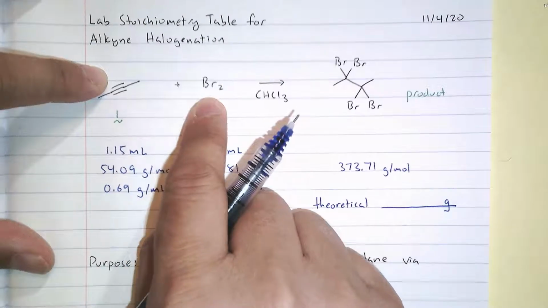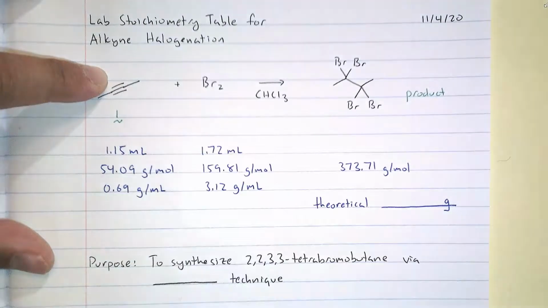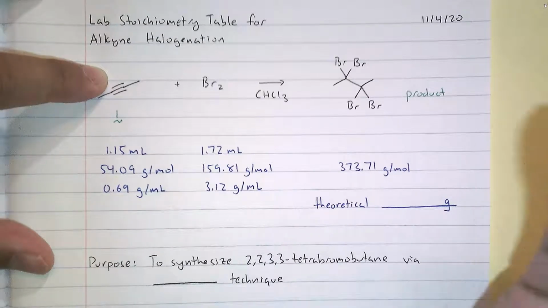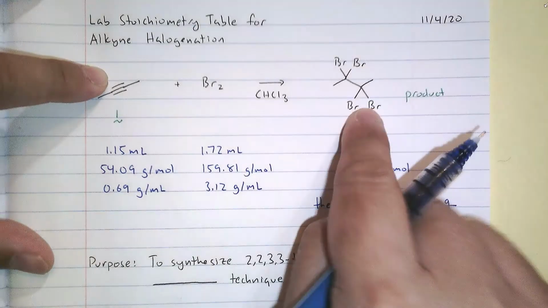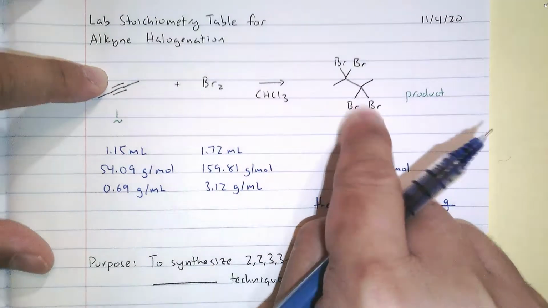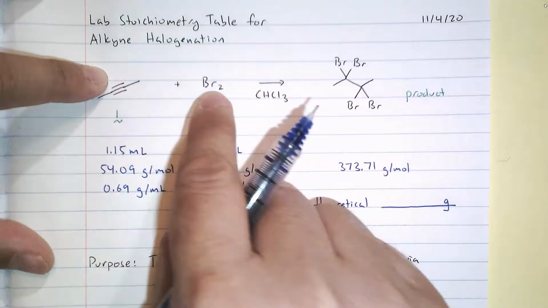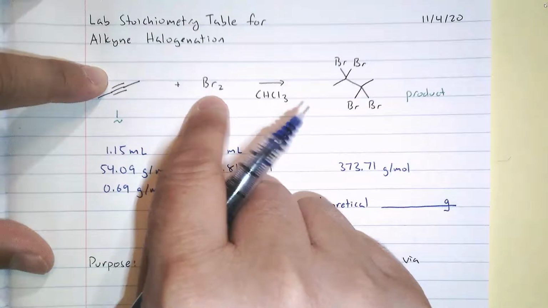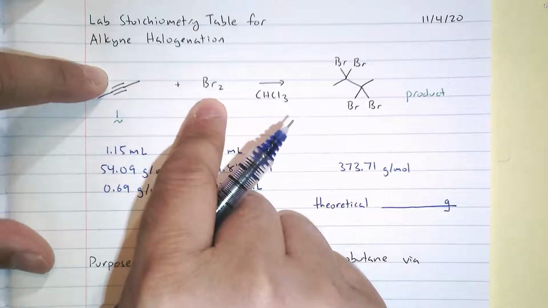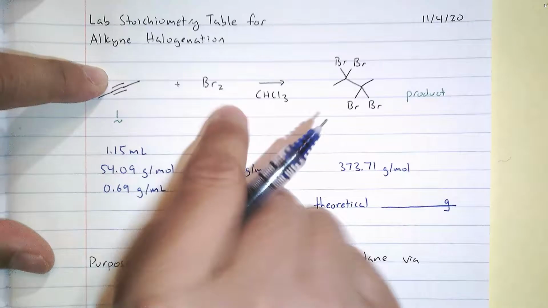So I added Br2 twice. So what is the conversion factor you need? 1 mole of product over 2 moles of bromine, because you need a total of 4 Br atoms.